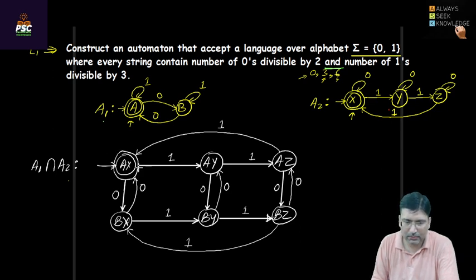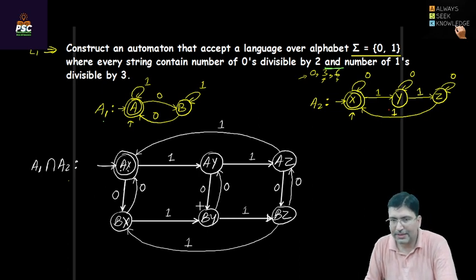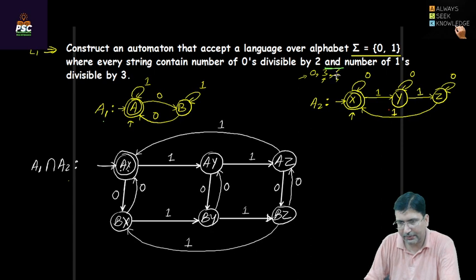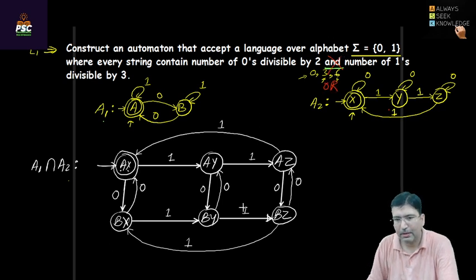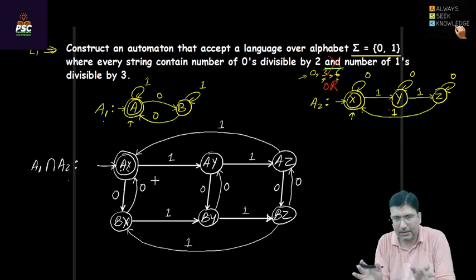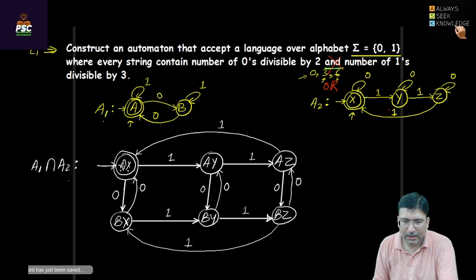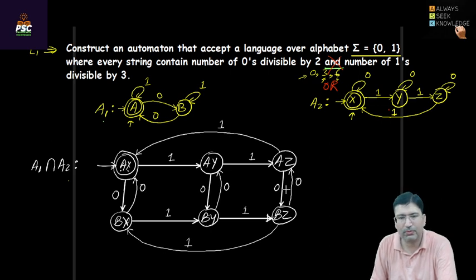So the final state is only one, where both the final states A as well as X are there. If we perform, let's say, union, if instead of AND, I write OR, let's say I cross it and I write OR here. In that case, the rest of the things, the transitions will be the same, but the final states will be wherever the final states of either A1 or A2 occur, those states will become final.